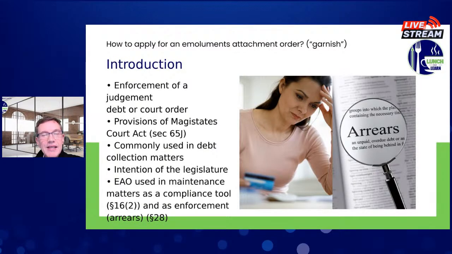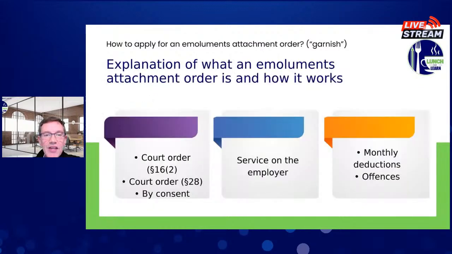We will be discussing section 16.2 specifically, which deals with compliance, and then the enforcement, usually when a person is in arrears, in terms of section 28 of the Act. But that will become clearer as we go along.